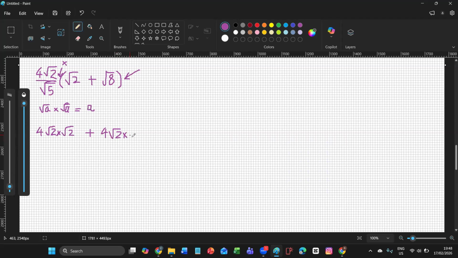I'll write the times so that you don't wonder how the sod disappeared. Now, don't forget that all this is over sod 5. You understand it so far, right? Yes, sir. So sod 2 times sod 2 is going to be 2. That's going to give us 4 times 2, which on this side is 8, plus, now we can deal with the sod 8, which we know is sod 4 times 2.